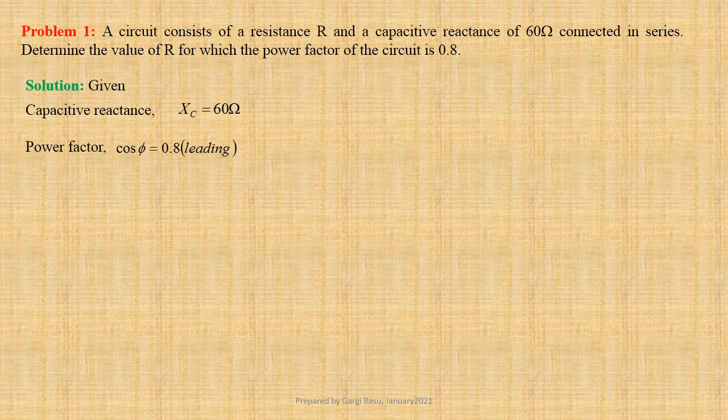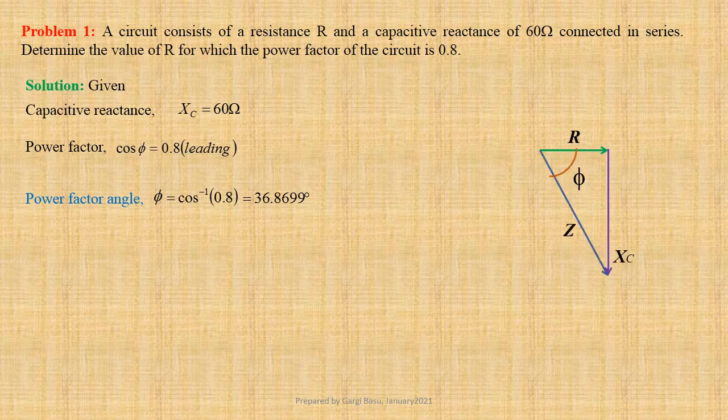Let us first determine the power factor angle. Phi equals cos inverse 0.8, that is equal to 36.8699 degree. Now we shall draw the impedance triangle.